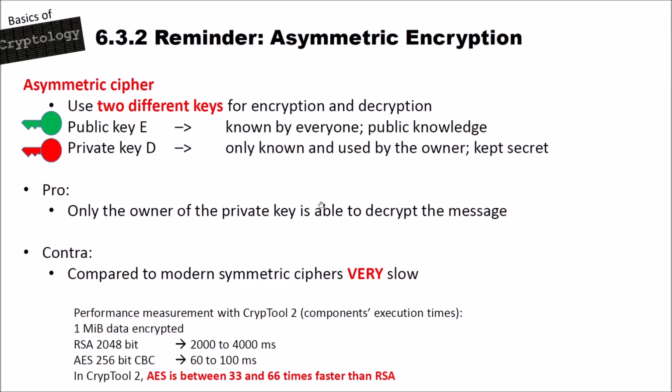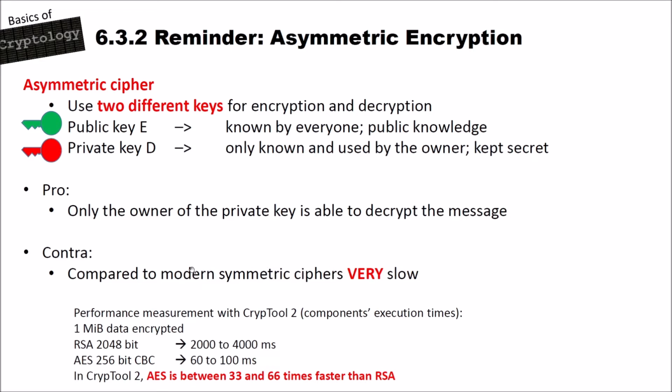So when we encrypt a message and someone is able to attack our computer, he or she cannot decipher messages that we created for others using their public keys. This is really good. But there are, of course, some disadvantages, or at least one disadvantage. And the biggest disadvantage of asymmetric encryption is that it is very slow compared to symmetric encryption.